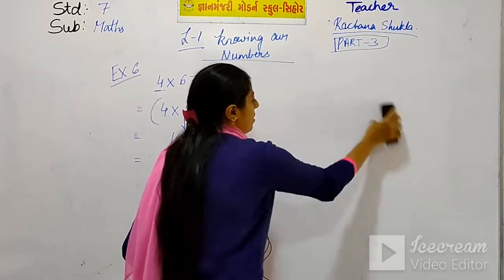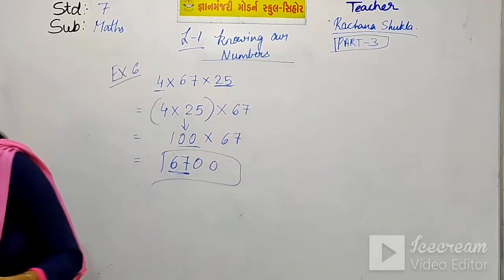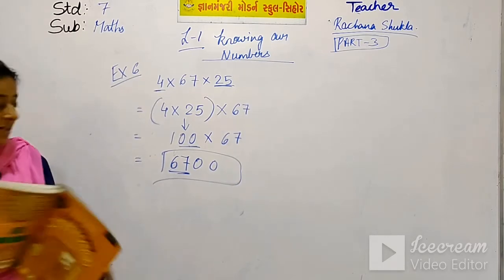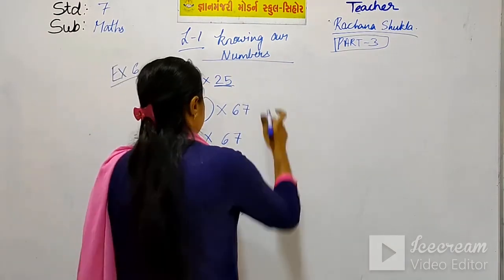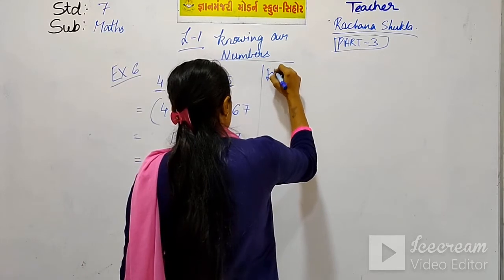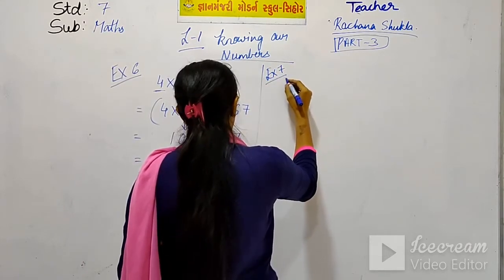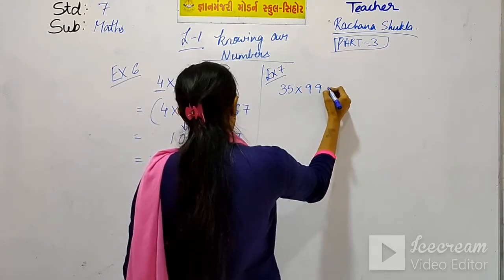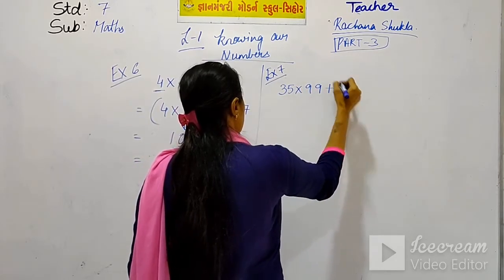See, I will show you one more sum like this. Example 7. 35 into 99 plus 35.